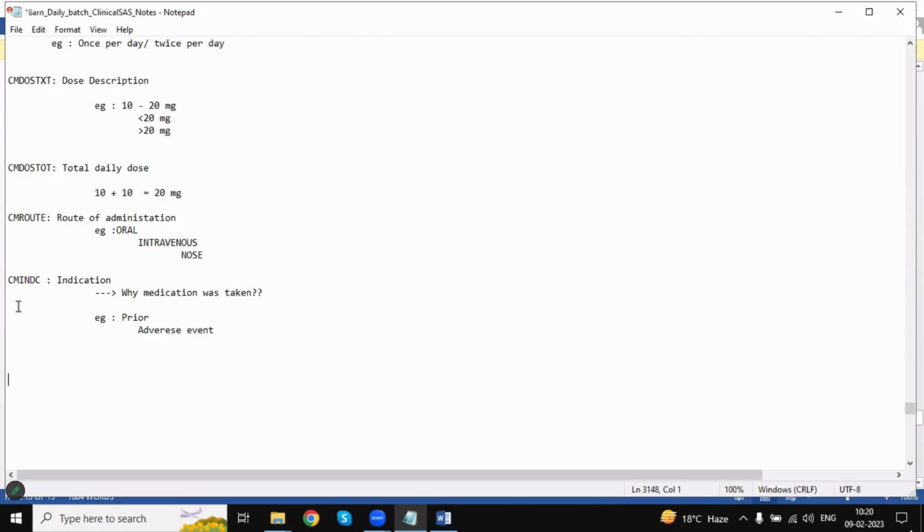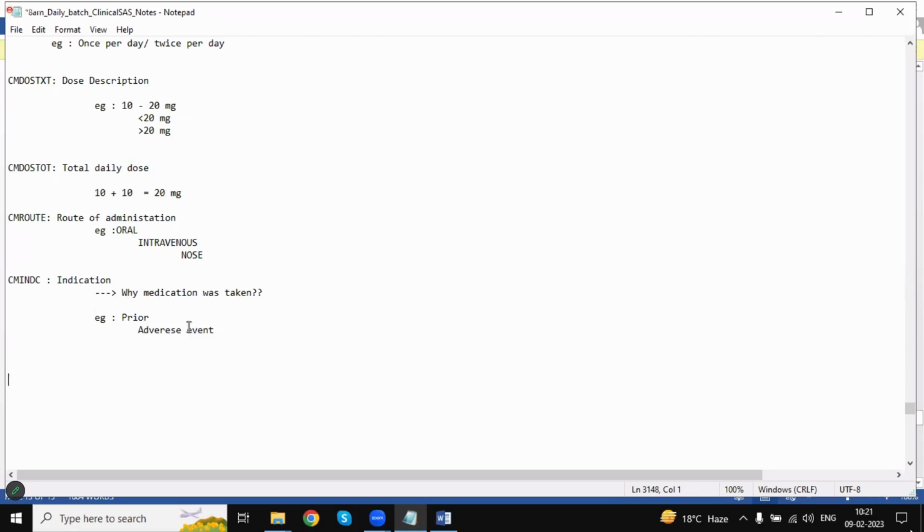Okay, here if you mention an adverse event, then definitely for this subject there should be a record in the adverse event domain. Correct? In the adverse event domain there would be the adverse event, and for that adverse event the medication is taken. The details will be captured in the CM domain.